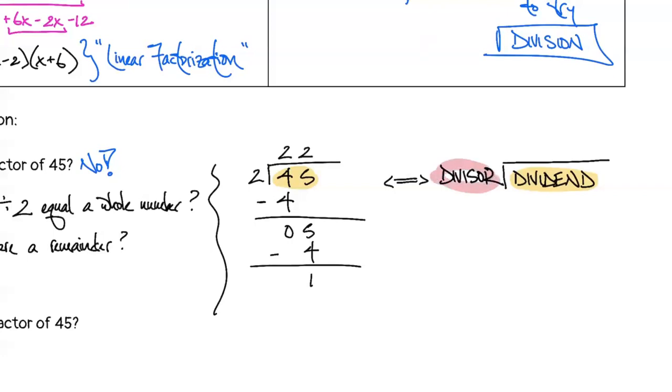So our divisor in this case would be 2. Now the number at the top, this 22, right? That also has a special name. That is called the quotient. Right? So we've got a dividend, a divisor, a quotient.